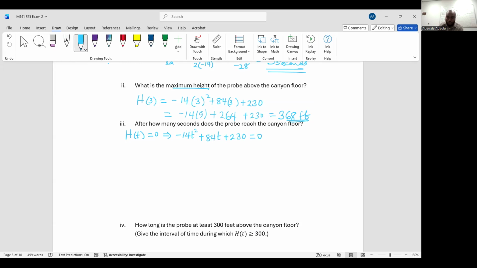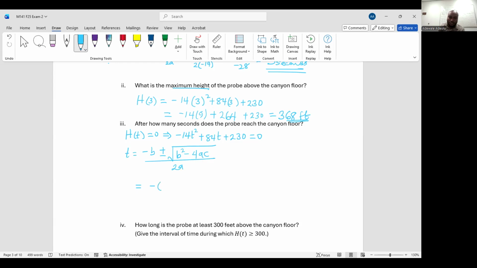What can I do? I can reduce this by dividing through by 2, but that is not even necessary. If I have a situation like this, I just say t equals, use the formula method. Don't try to find the factors. That will waste your time. So just use the formula, because this formula always works.